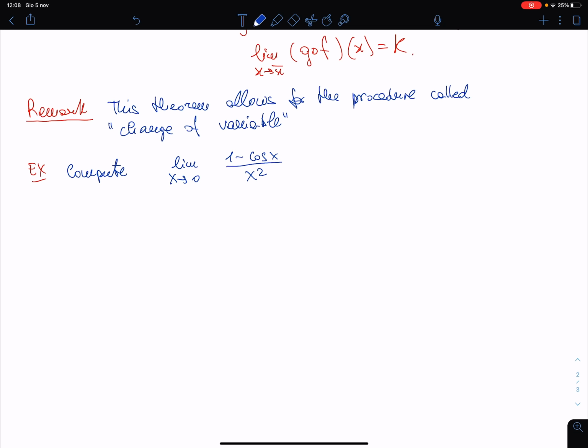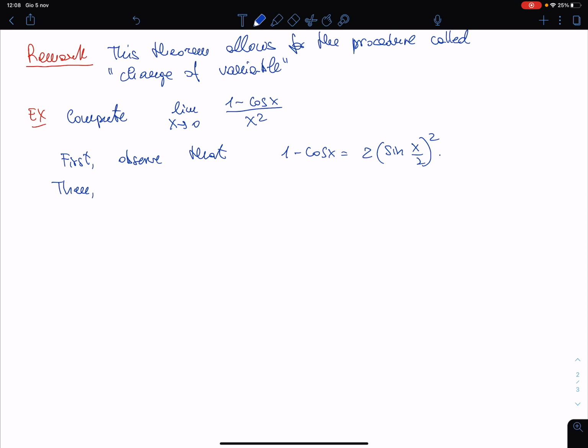And the first thing is to observe that by using the usual formulas of duplication of angles, they have strange names, however, 1 minus cosine of x is equal to 2 times sine squared of x divided by 2. Then let us go to the limit we are interested in.